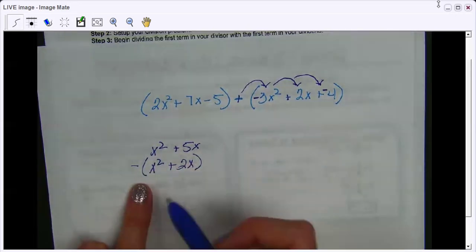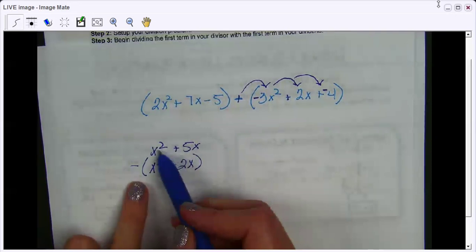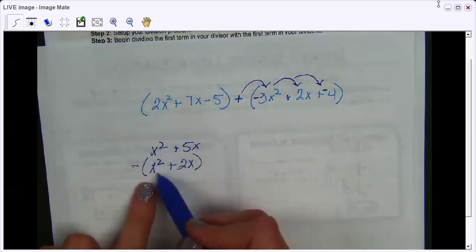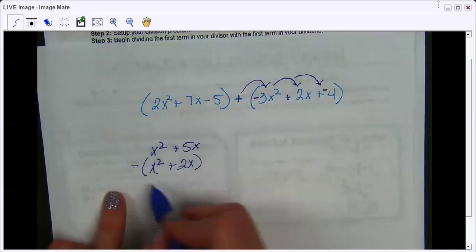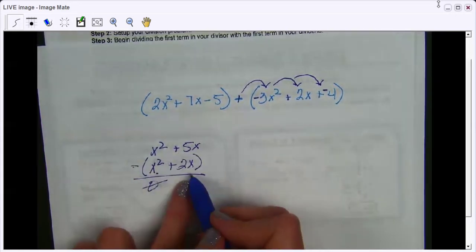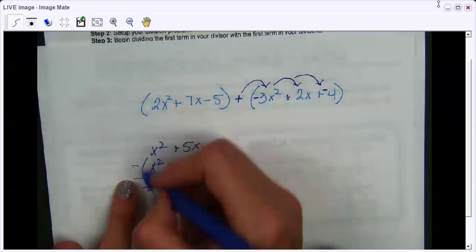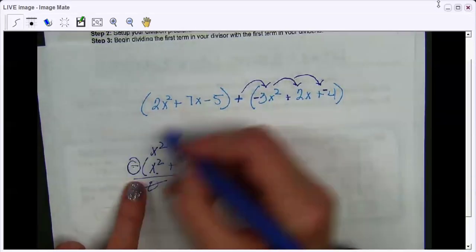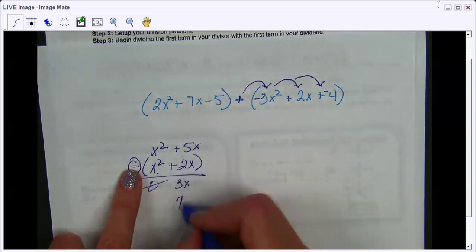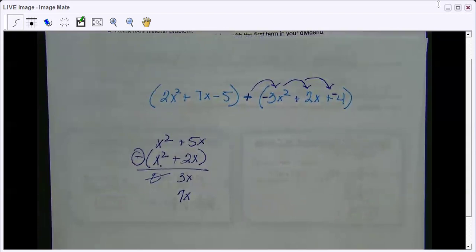Just look up here and let me show you why I'm changing the signs. I'm only changing them to make it easier visually for me. You don't have to. So this is x squared minus x squared, which is 0. Then we have 5x minus 2x, which is 3x. But a lot of times we forget this negative out here and say 5x plus 2x is 7x. You're going to end up with the whole second half of your problem wrong.